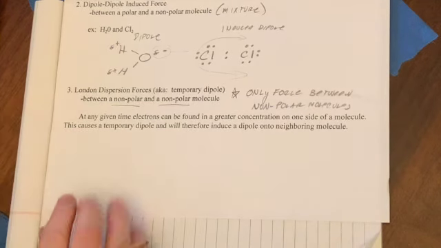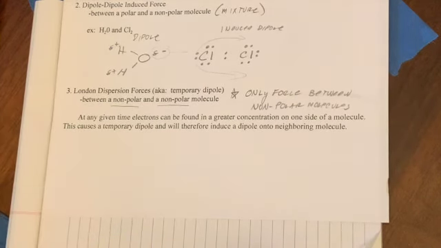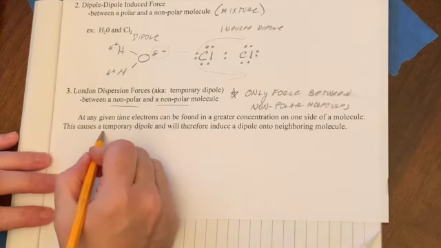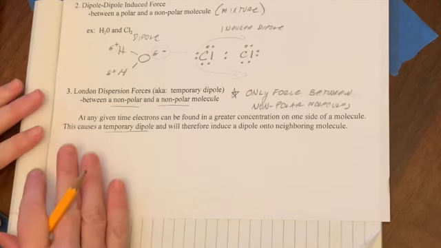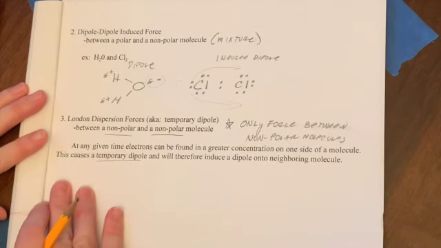And these occur because, at any given random chance, electrons can be concentrated on one side of a molecule. And that just happens at a split second, very temporary. Because of this movement of electrons, you can get what is known as a temporary dipole. Therefore, that can then trigger another little temporary dipole. Very, very weak forces going on.